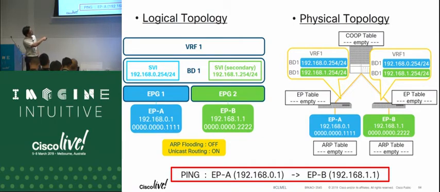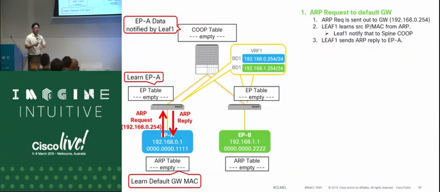Then the physical topology will be like this. Endpoint A is on leaf 1, endpoint B is on leaf 2, and nobody has any information about each other yet. Okay? Even the endpoint doesn't have anything yet. All right? So what happens first when we want to ping from endpoint A to endpoint B?